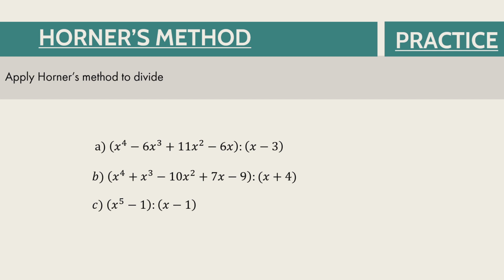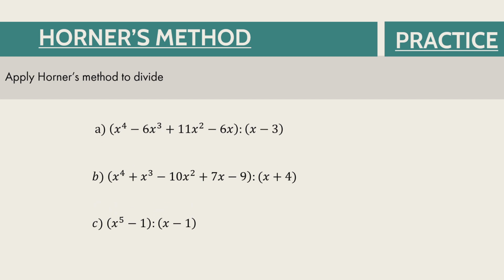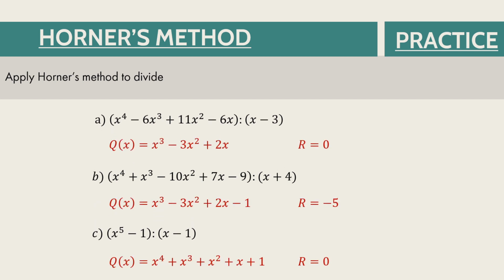Have you got it? Let's check the answers. The quotient in question A is x to the power of 3 minus 3x squared plus 2x, and the remainder is 0. In question B, the remainder is negative 5, and the quotient is x to the power of 3 minus 3x squared plus 2x minus 1.